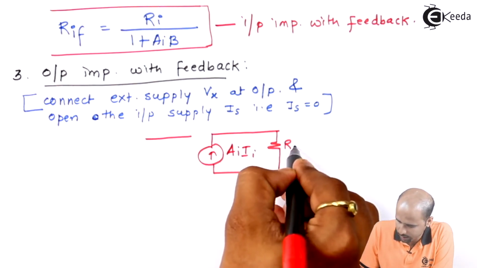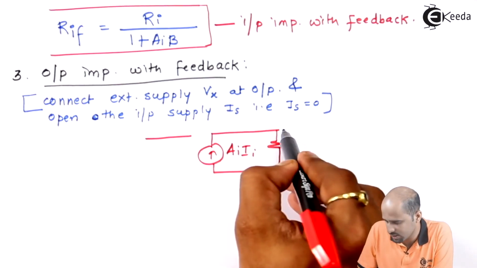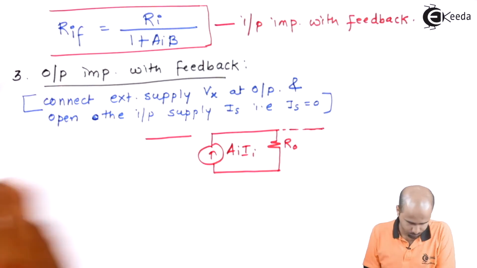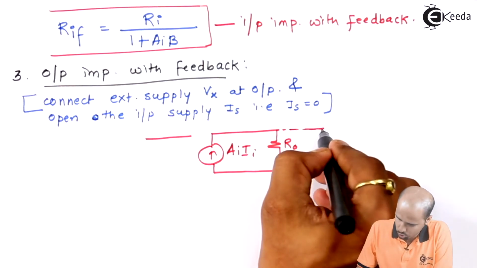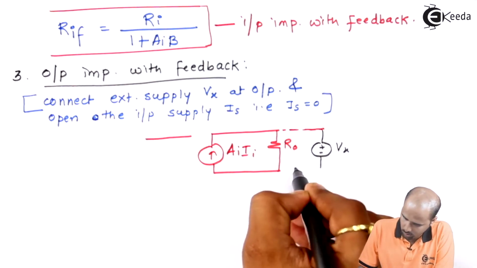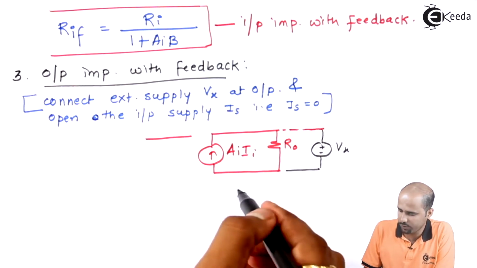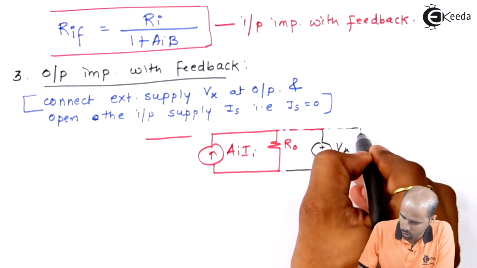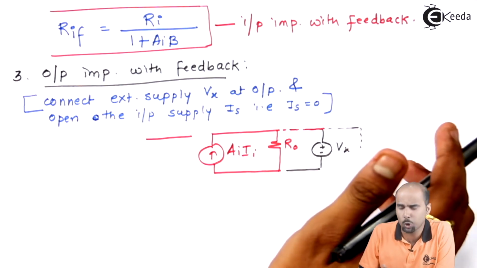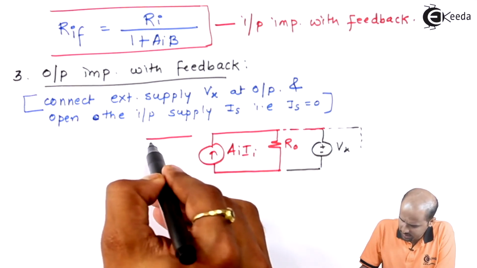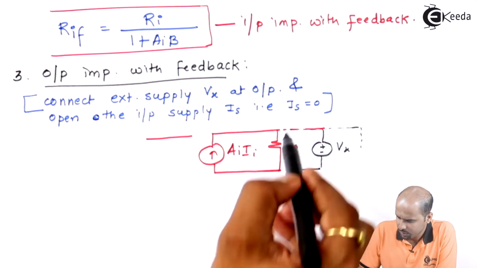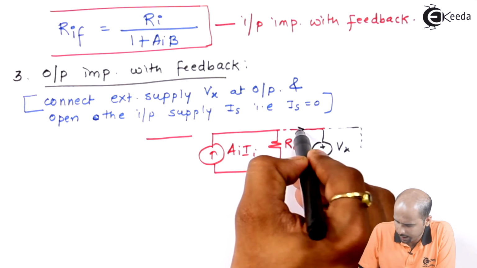This is nothing but the value RO having high resistance, and here we have to connect the voltage source Vx. Okay, so if we connect this Vx, and obviously we don't bother about the load resistance, rather we open the load resistance, right? And then as far as this complete circuit is considered, this is nothing but the Ix.